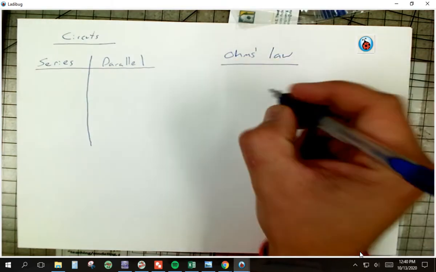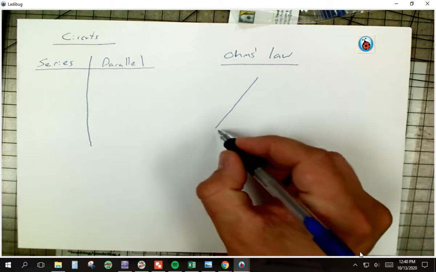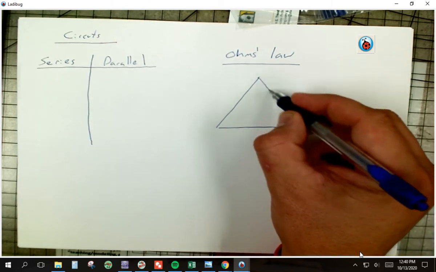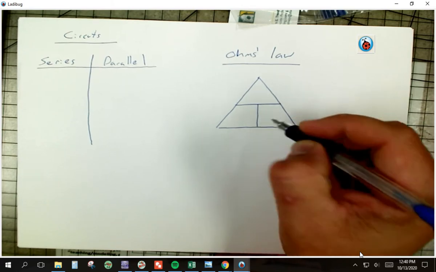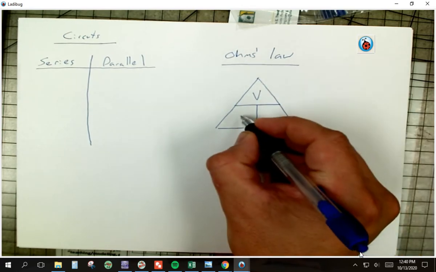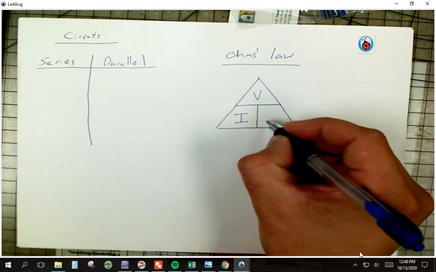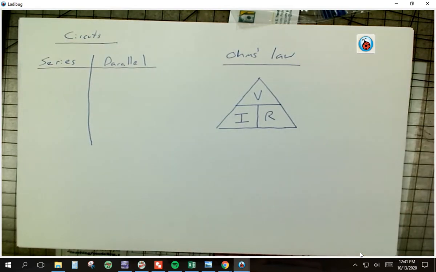Okay. And Ohm's Law, I like to do it in a triangle. If you know what I'm doing with the triangle, we're going to have voltage, current, and resistance. All right.